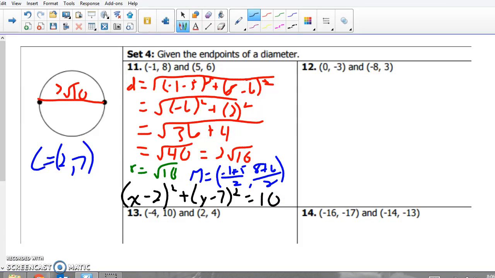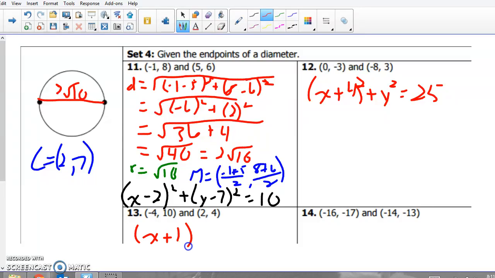Alright, so I want you to go ahead and try 12, 13, and 14. For this one you should have gotten x plus 4 squared plus y squared equals 25. For 13 you should have gotten x plus 1 squared plus y minus 7 squared equals 18.